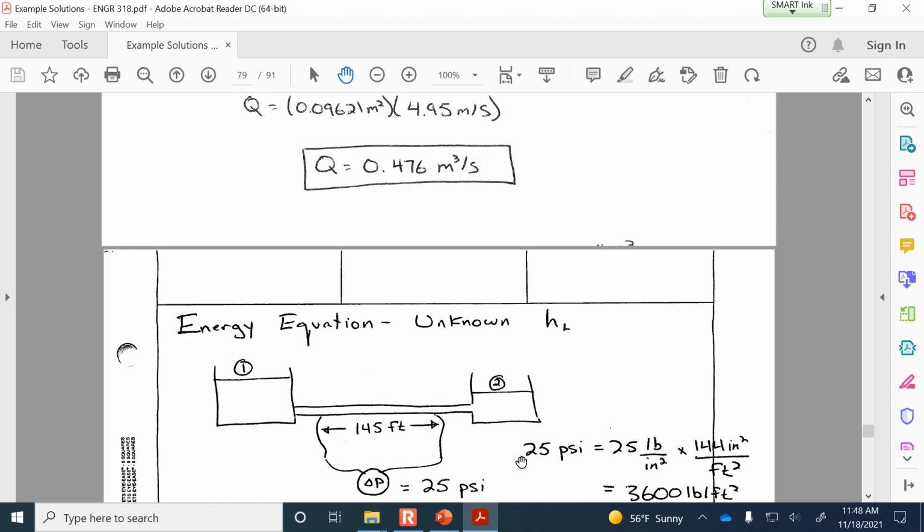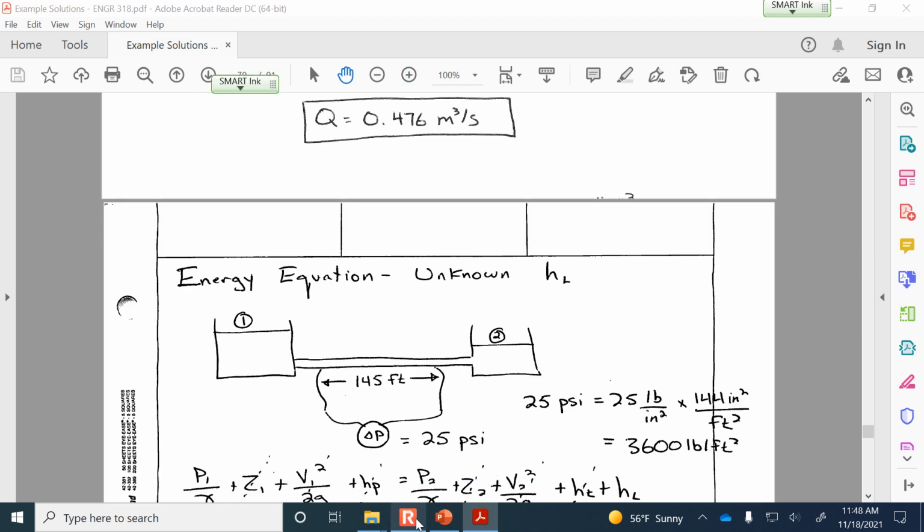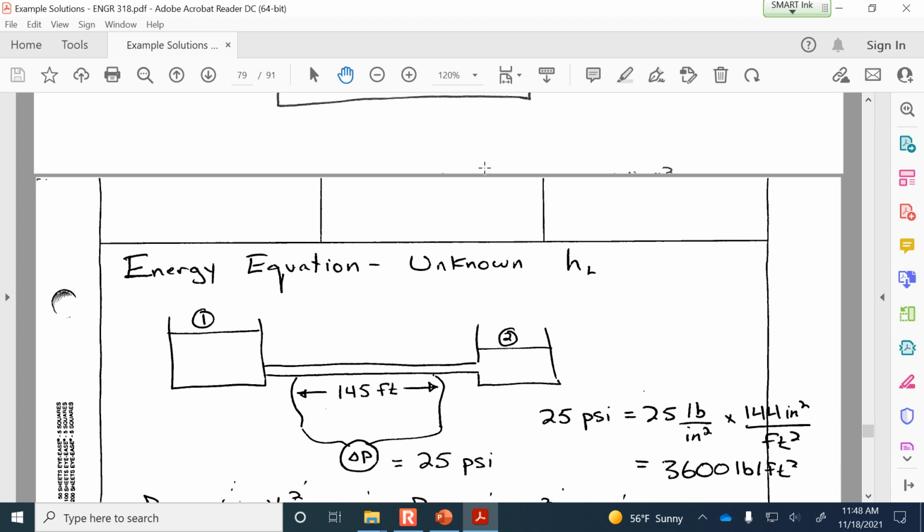So here's a little sketch that summarizes what we're looking at. Okay, so it's a horizontal pipe with taps 145 feet apart where we're measuring a pressure drop of 25 psi.